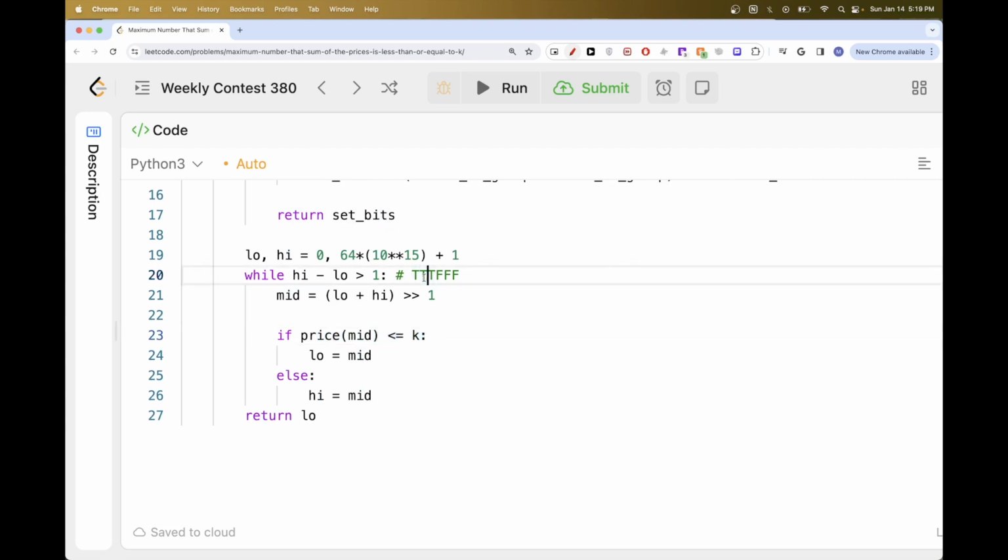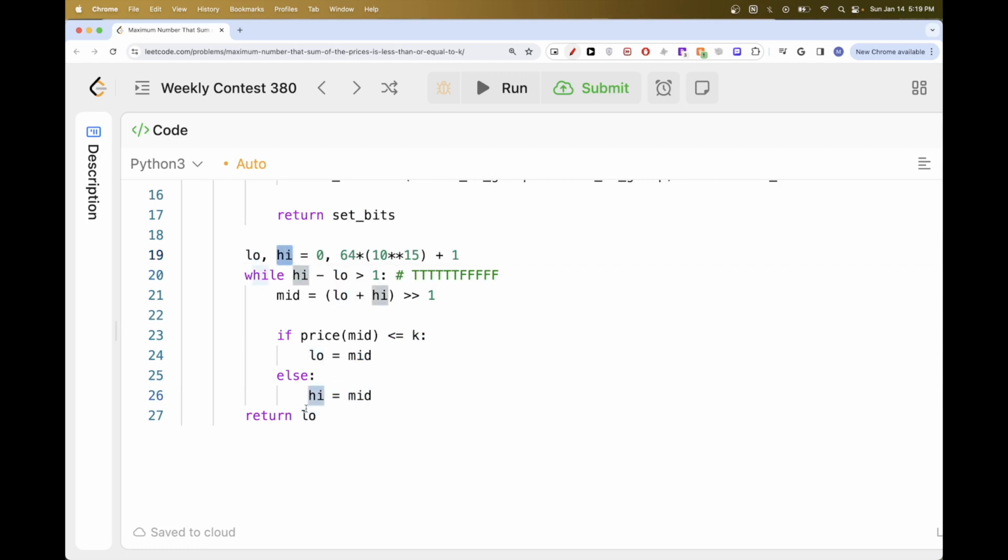We don't know if we are at the last true or the middle true or the first true, so we just keep low at mid, because it may be the last one. But if it's a false, same logic, we don't know if this is the furthest false or the first false, so we keep high at this position and maintain our invariant that f of low is always true and f of high is always false.